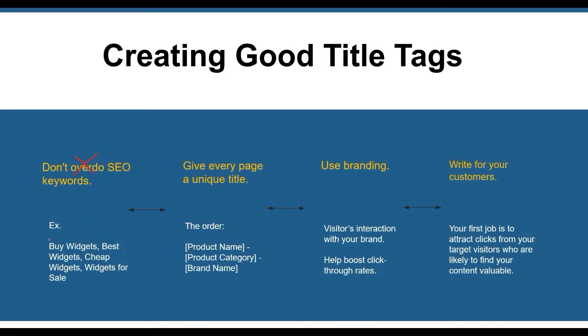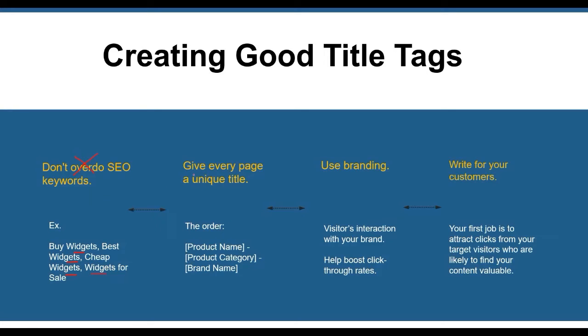For example, you say buy widgets, best widgets, cheap widgets, widgets for sale. We use the word widgets 4 times. Okay, so this one is an example of a bad title tag.